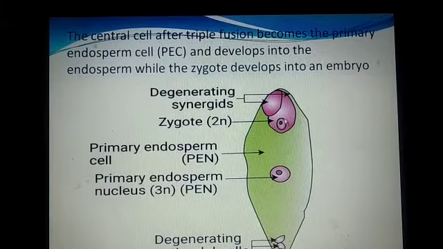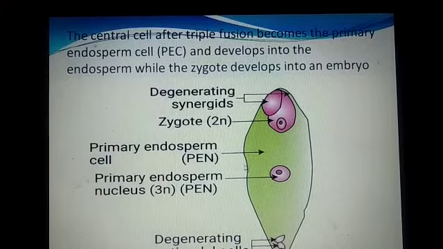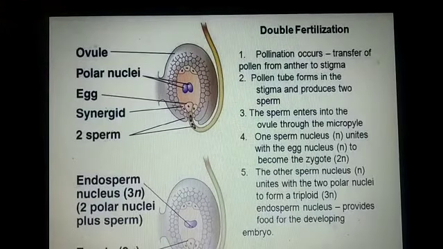And here the egg fuses with the male gamete and forms the zygote. What is formed? Zygote. And the synergids degenerate, and the antipodal cells also degenerate.